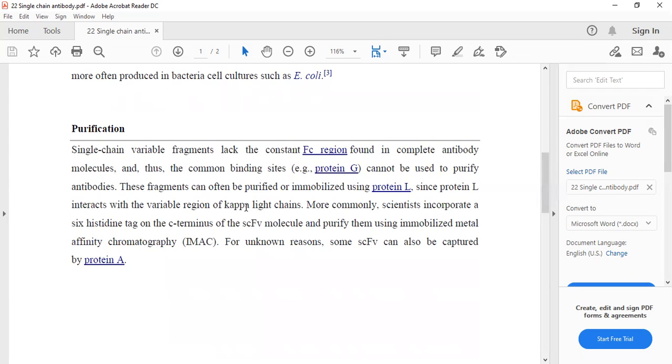So the variable region is separated by protein G. By this protein G, we can separate the antibody variable region, and then it can be further purified using protein L. So these two proteins are used for the purification of the single chain variable fragment.